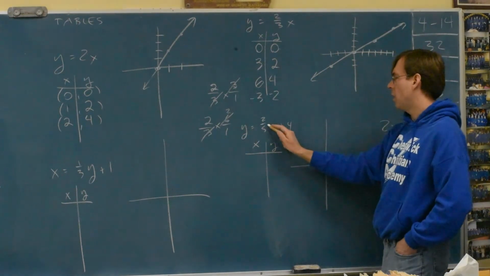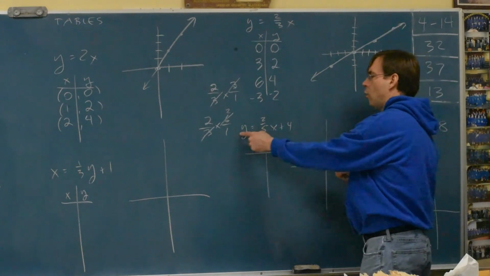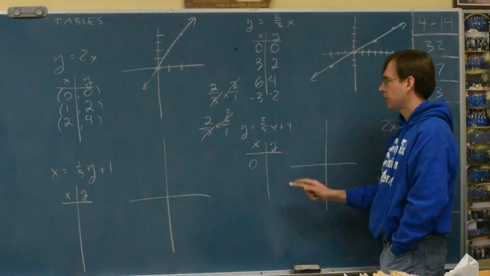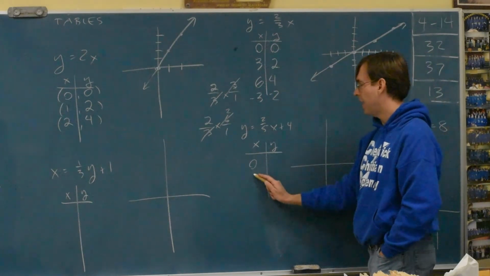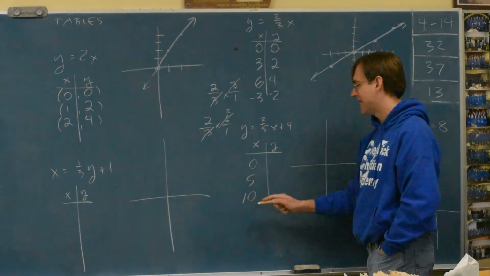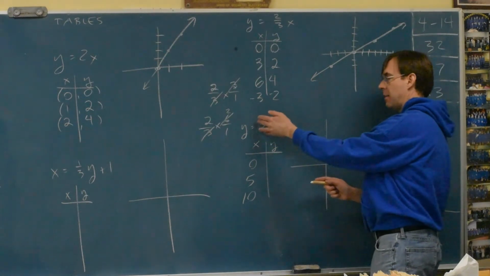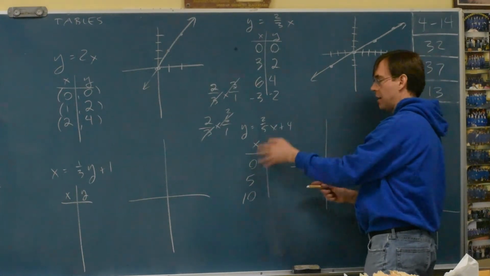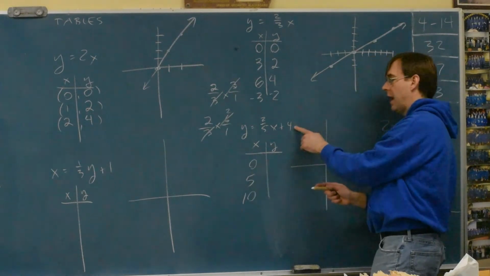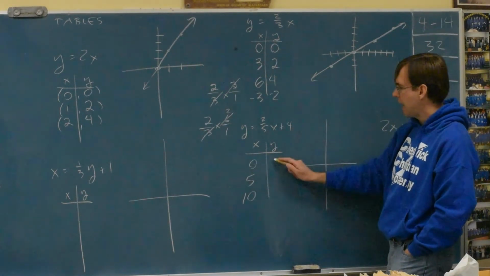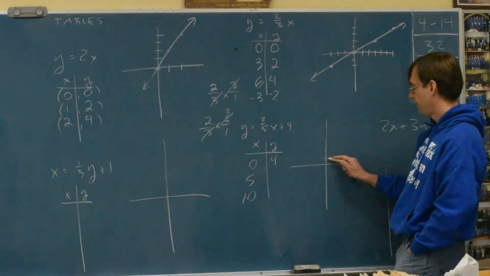Let me do this one while we're in that same mode. Where again, y equals. So I'll always use 0. But with 5 on the bottom, I think I want to use 5 and 10 to get some nice cancels for my fraction to multiply. Because I'm going to have to do 2/5 times whatever I pick, and then add 4. So 2/5 times 0 is 0, adding 4 is 4.